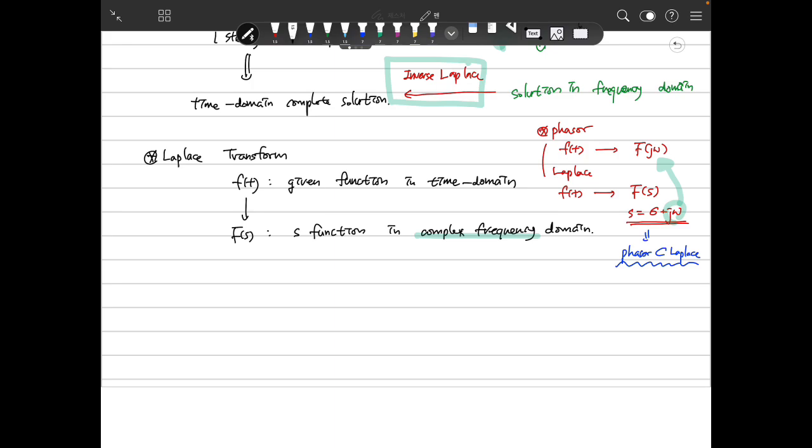F(s) can be represented as follows. We denote the Laplace transform as L, defined as f(t) multiplied by exponential minus st, integrated from 0 to infinity, dt. This is the defined Laplace form. And in the same way, from here we get the inverse Laplace.